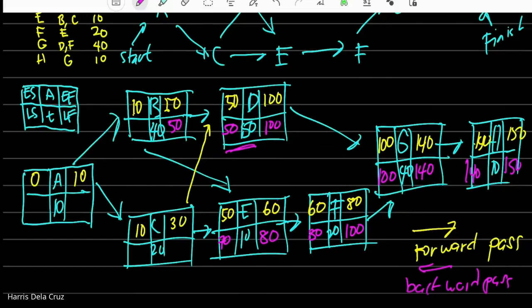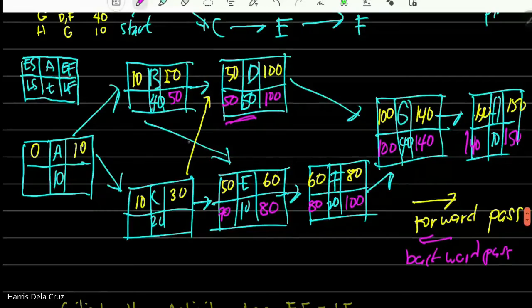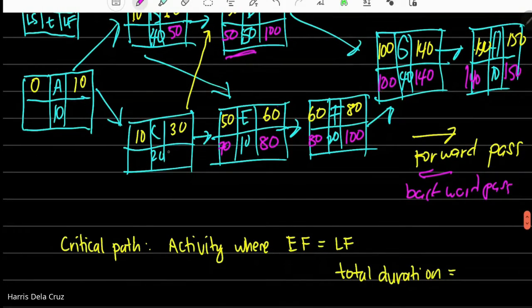Yan. So, anong kinuha natin? Ang kinuha natin yung smaller dun sa dalawa. Kumbaga, naka-arrow siya from D tsaka from E. So, 50 yung nasa taas, yung nasa baba, 70. So, ang kailangan kunin mong late finish, yung mas maliit. Okay? So, ganun din dito sa C. Late finish na nung nasa taas ay 50, late finish na nung nasa baba ay 70, kailangan kunin mo yung smaller value, 50.